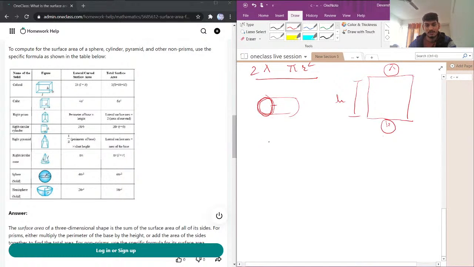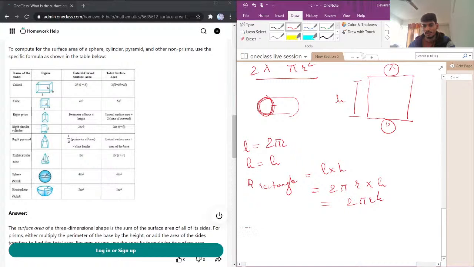The perimeter of the circle is 2 pi r. So I get the length, then height is height, then my area of rectangle is L into h, which will be 2 pi r h.